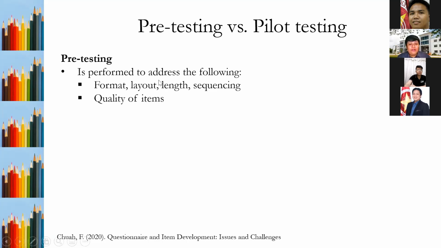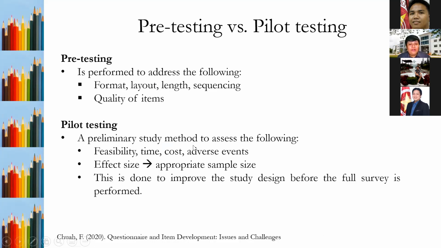Pre-testing is basically looking at the format, your layout, your length, the sequencing, and the quality of your items. Pilot testing is a preliminary study method to assess the feasibility of conducting your research, the time, the cost, and the possible adverse events.